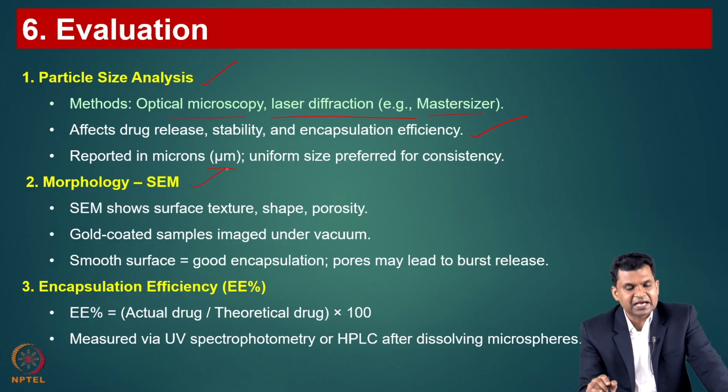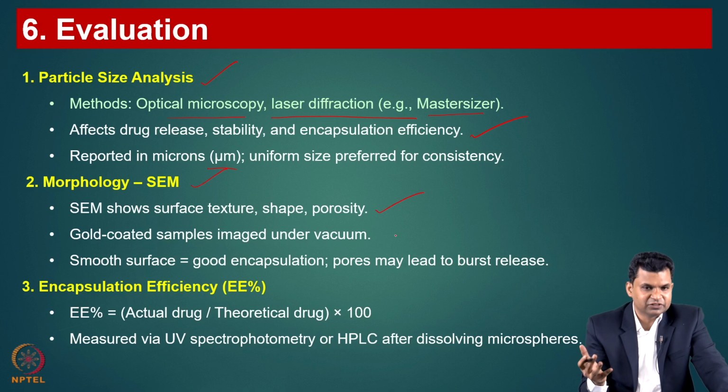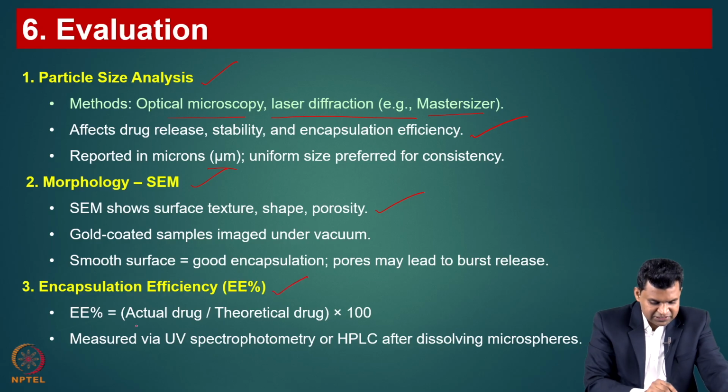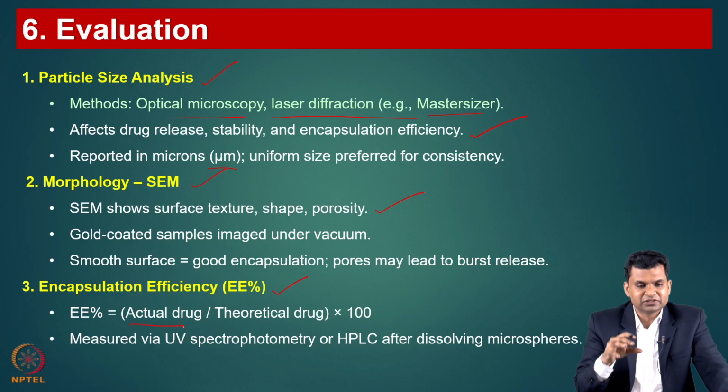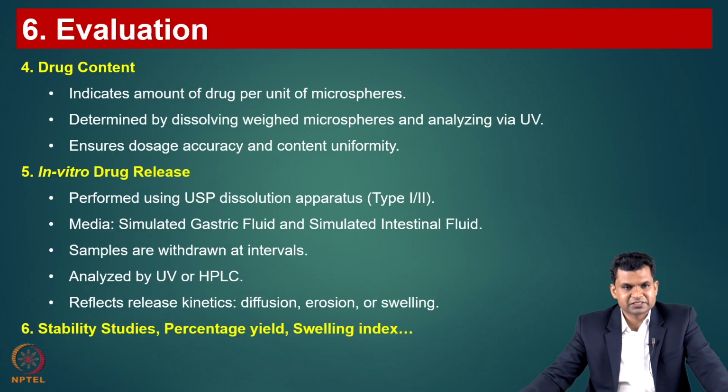By using scanning electron microscopy, we will understand the surface texture, shape and porosity. This will give the morphology of your microcapsules, whether it is smooth or rough. With encapsulation efficiency, we will understand the amount of the drug present in your final microcapsule, which can be quantified by using UV or HPLC methods.